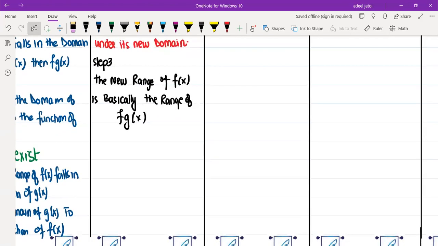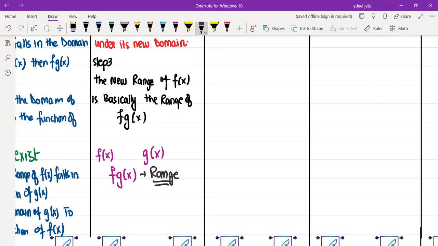So let's just do it with a little bit of a normal puzzle thing, that we have f(x), we have g(x), and we are finding out the range of f(g(x)).